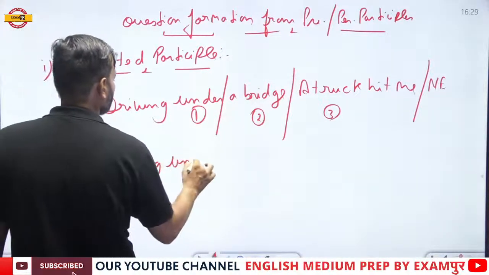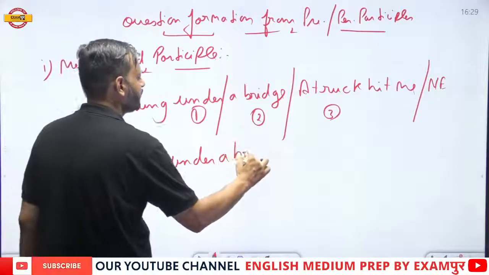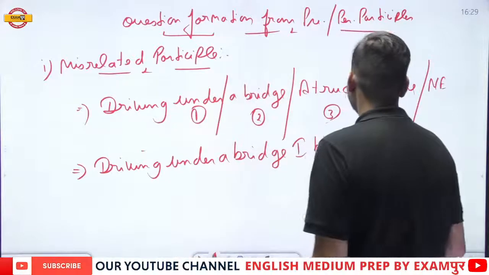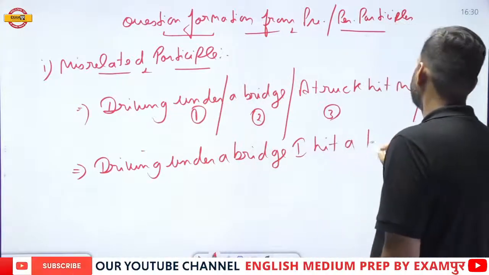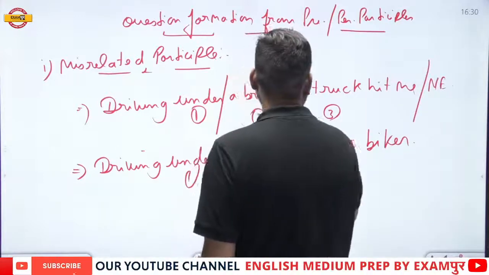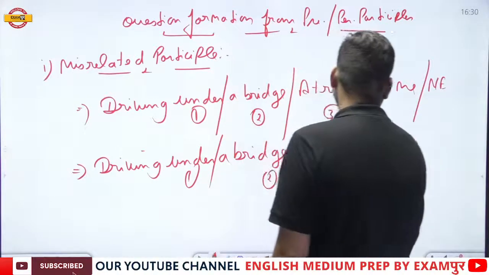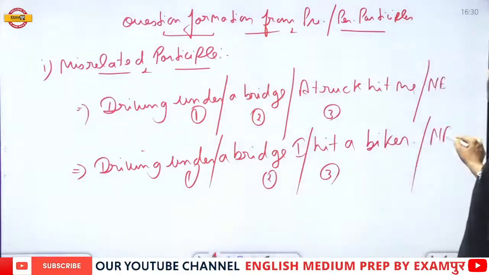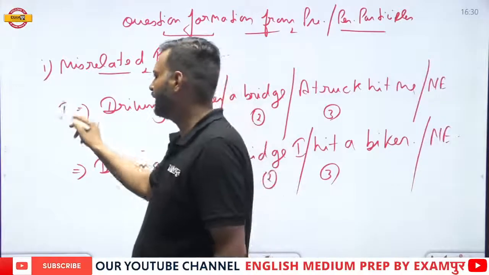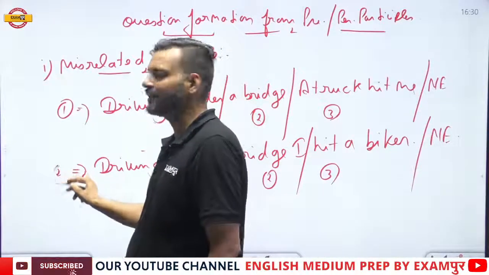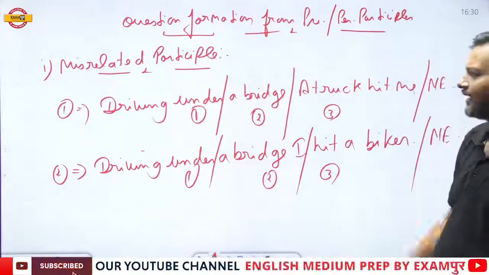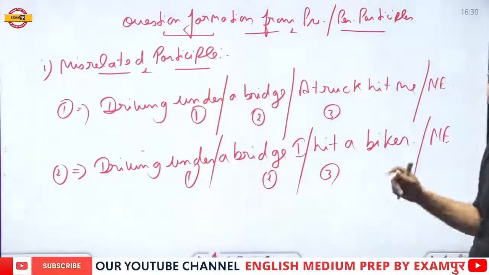Driving under a bridge, I hit a biker. First part, second part, third part, and fourth part, no error. Tell me, out of these two sentences, which sentence is incorrect and which is correct? What is the error in the first sentence and what is the error in the second sentence?